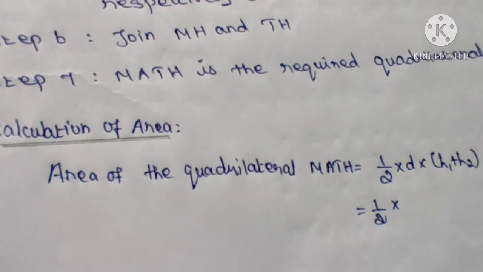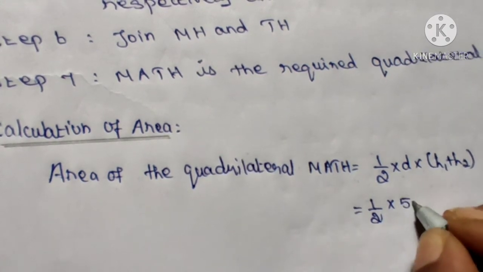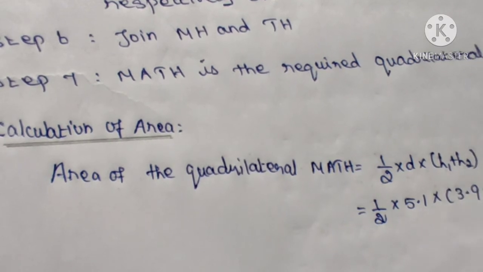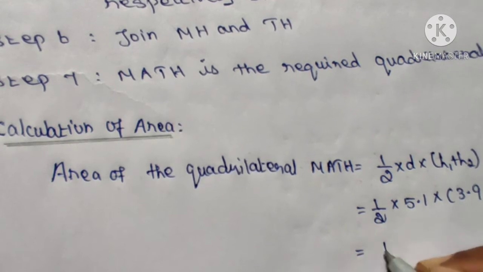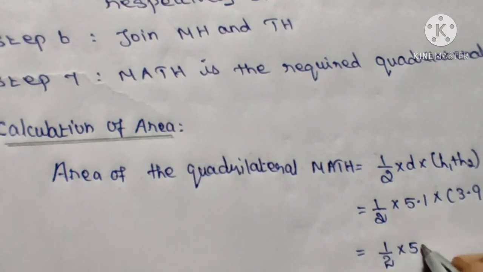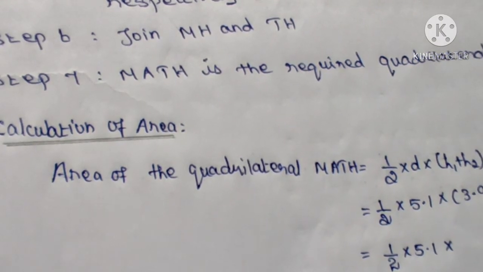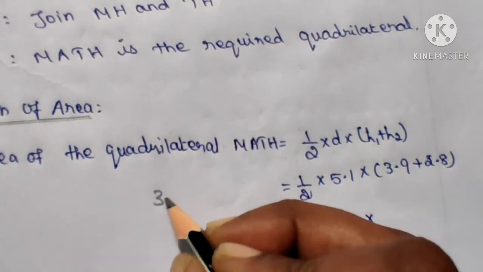Write all the measures. 1 by 2 into 5.1 into 3.9 plus 2.8. Find out the addition value, 3.9 plus 2.8.